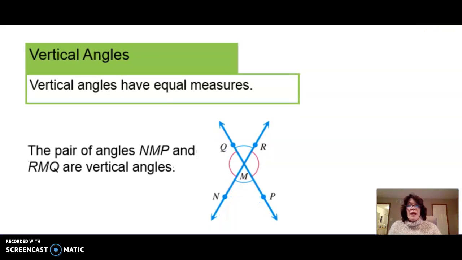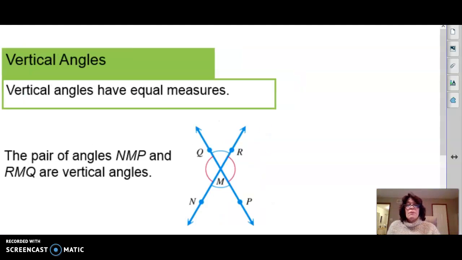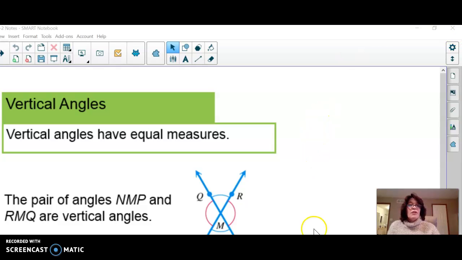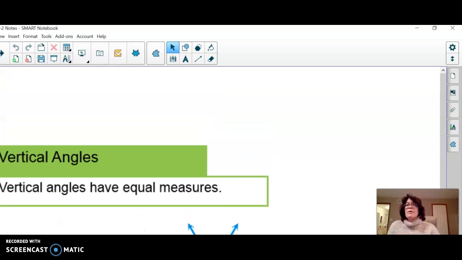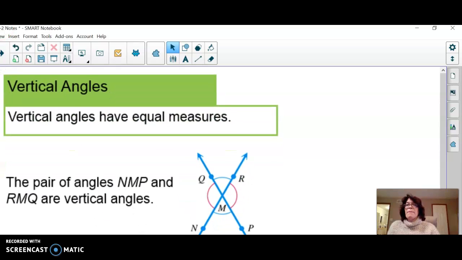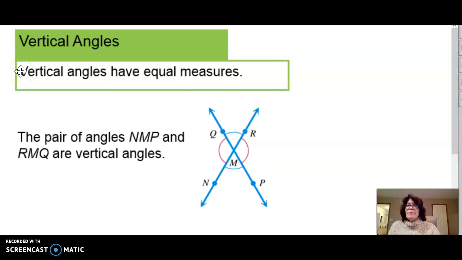All right, vertical angles is where we start with 1-2, and this again should be familiar to you. Vertical angles have the same measures. The vertical angles here are angle QMR and PMN. Those are vertical angles.